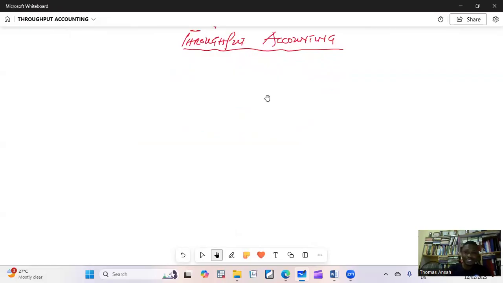Throughput accounting is just an accounting system or an accounting method that accountants adopt in terms of scarcity.